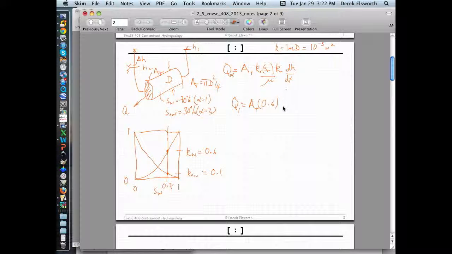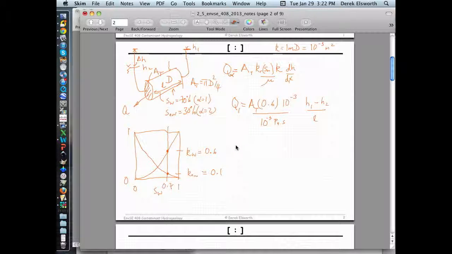The absolute permeability is 10 to the minus 3 meters squared. It's divided by the viscosity of water, which is of the order 10 to the minus 3 Pascal seconds, as I recall. And the head gradient is just going to be whatever the height of H1 minus H2 is, divided by the length of your sample. That's it. And I'm not going to do the calculation.